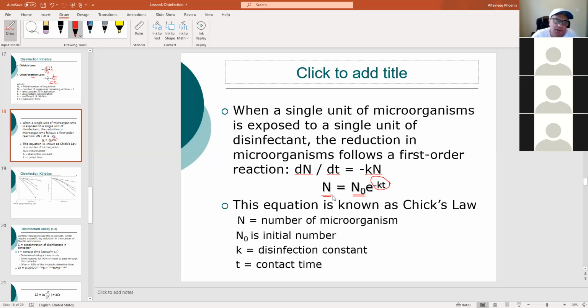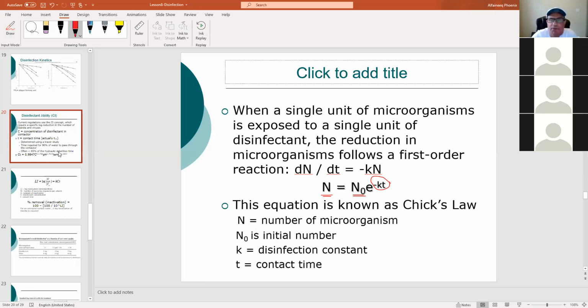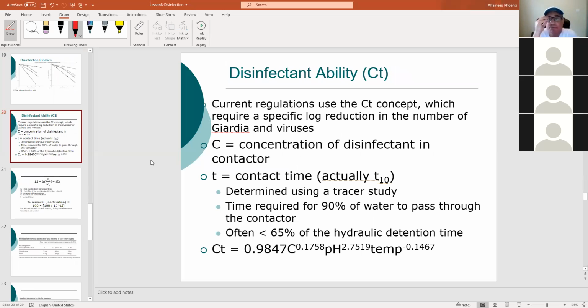Now, it's better to work with the CT concept than this concept. So if you know the concentration of your chlorine or any disinfectant, and you know the time of contact, you can go ahead and figure out the log inactivation. So that's the contact time, T10. Well, I'll talk about T10 later on.